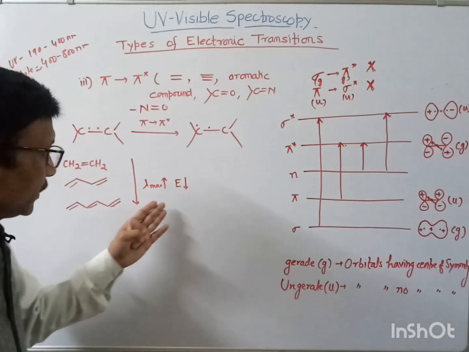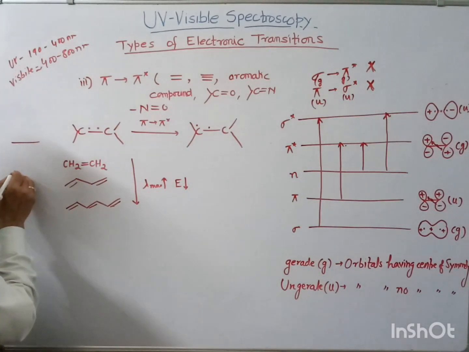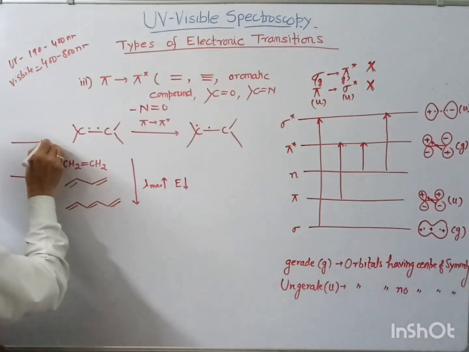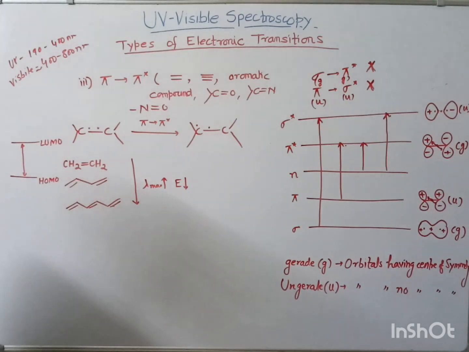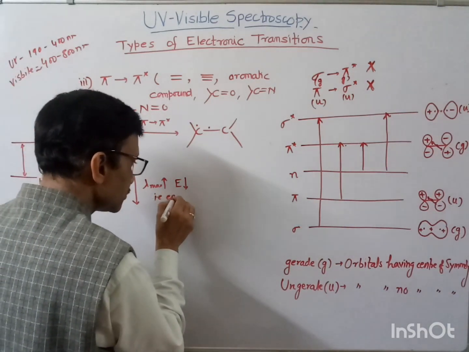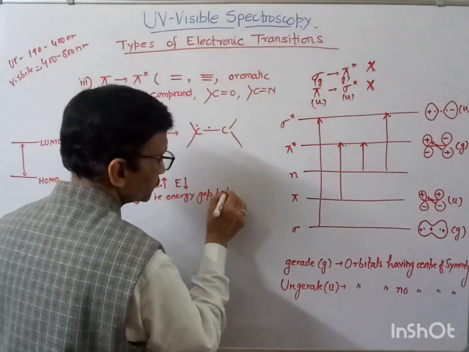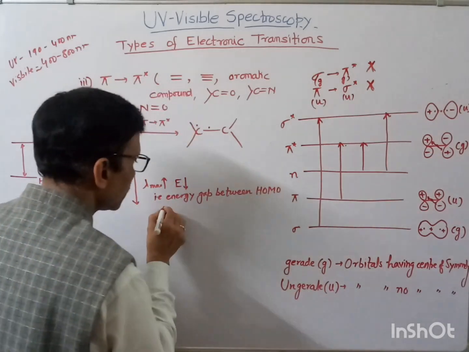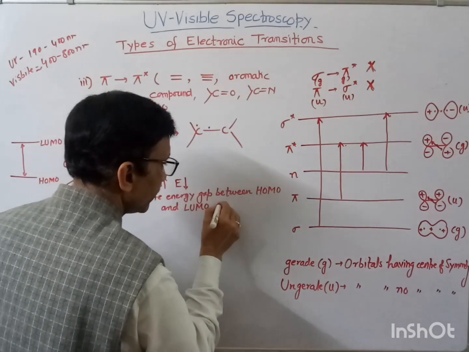It means the energy gap between the HOMO, the highest occupied molecular orbital, and the LUMO, the lowest unoccupied molecular orbital, decreases.